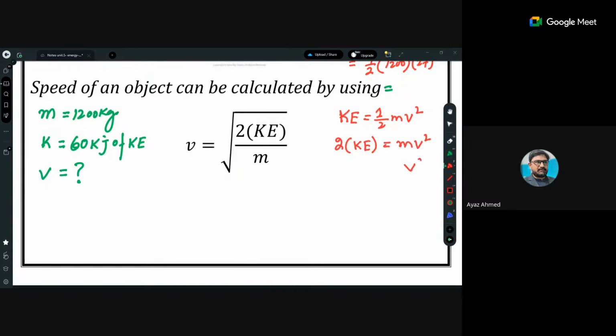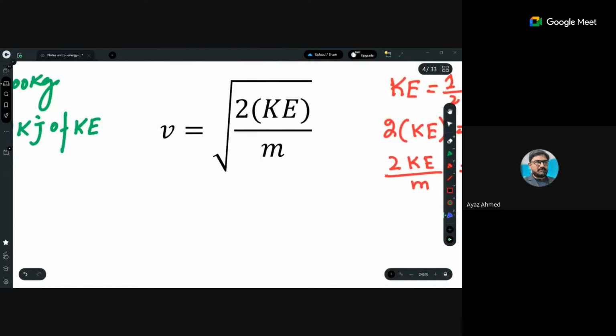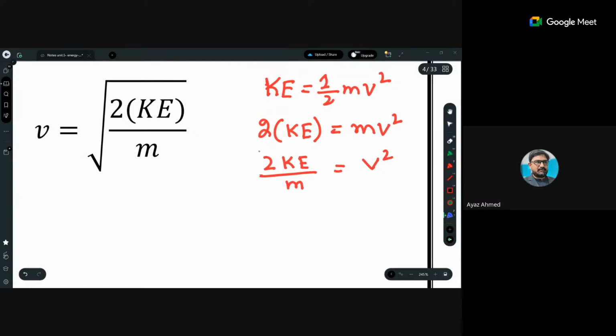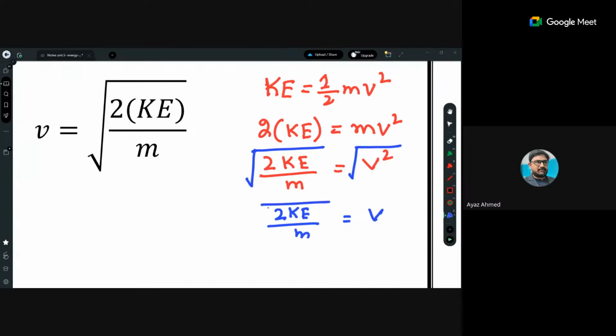For further calculations, v square is equal to 2 KE divided by m, and for v, I just take the square root on both sides, and I will get that the velocity of the car is the square root of 2 KE divided by m, which I have just printed out here.